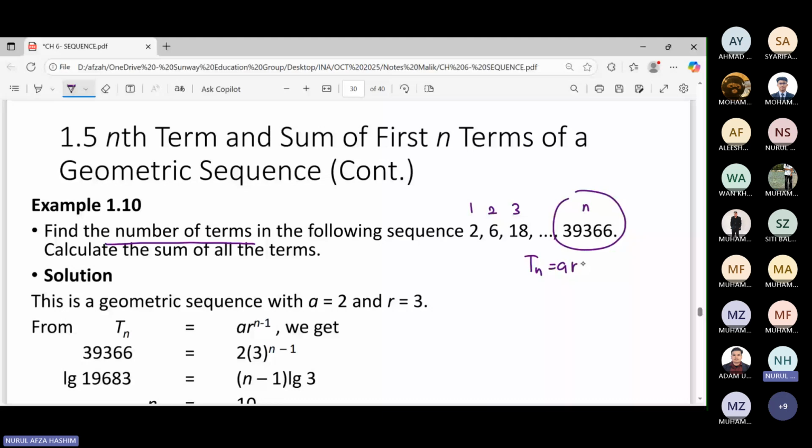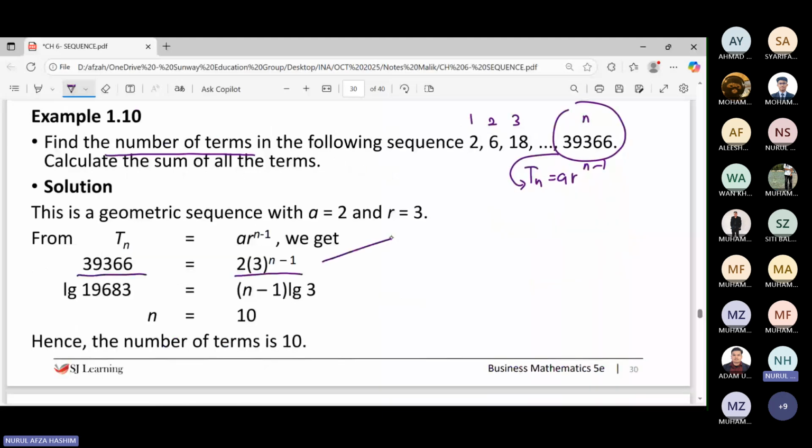So the 39,366 is the value of Tn. So that's why you substitute here. Then how do you get the 10 here? Okay, I do it one by one. So it's going to be 39,366 equals 2 multiplied with 3 power of n minus 1.